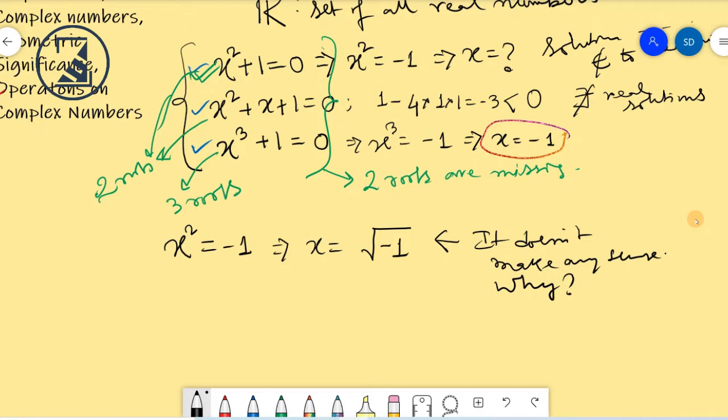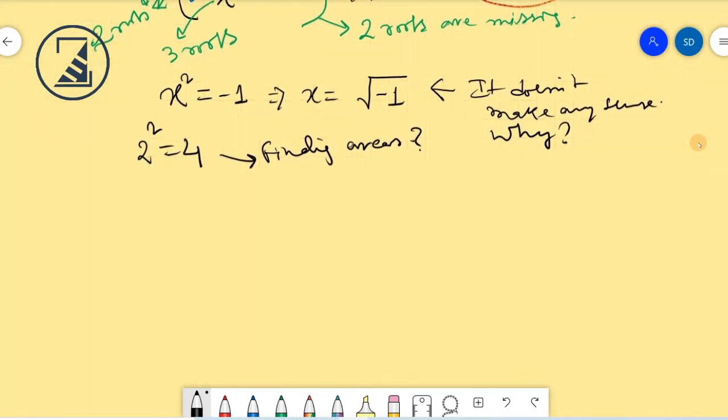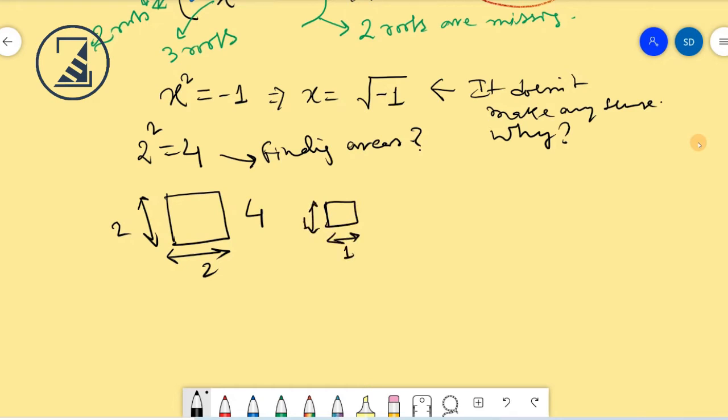So this squaring thing, like say I am squaring 2, this is 4, this is somehow intuitively related to finding areas, isn't it? So let's say we have a square with sides 2 units, then the area is 4. If it's 1 unit, then the area is 1.